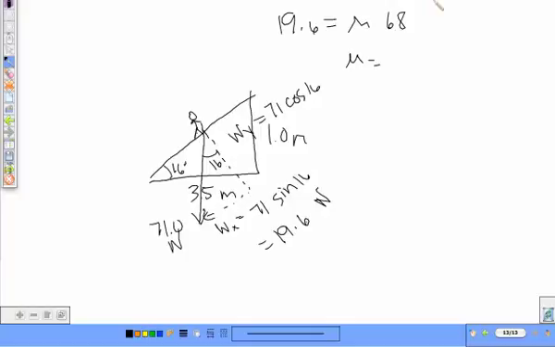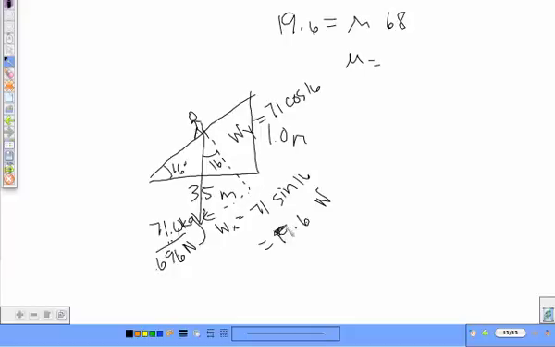Is it in kilograms? Yeah. 71 kilogram roofer. Shoot. All I have to do is multiply that by 9.8. Right. So you have to know kilograms. Magnitude. Well, 19.6 times 9.8. Yeah.